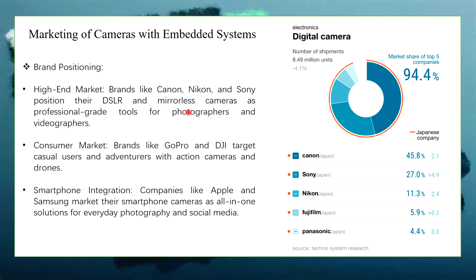Marketing of cameras with embedded systems. Brand positions. High-end markets: brands like Canon, Nikon, and Sony position their DSLR and mirrorless cameras as professional-grade tools for photographers and videographers. Consumer market: brands like GoPro and DJI target casual users and adventurers with action cameras and drones.